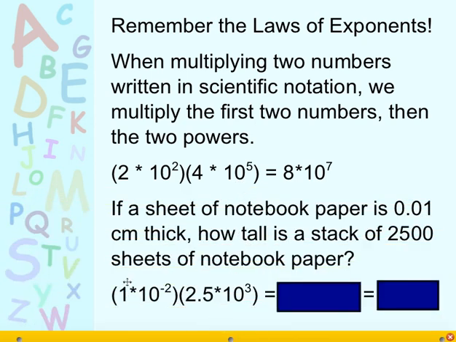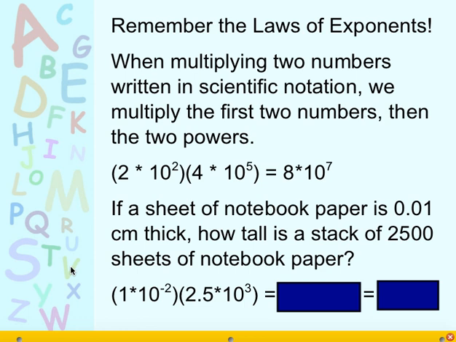And then with this situation, if a sheet of notebook paper is 0.01 centimeters thick, how tall is a stack of 2,500 sheets of notebook paper? Well, we can put 0.01 in scientific notation and 2,500 in scientific notation to get 1 times 10 to the negative second times 2.5 times 10 to the third.